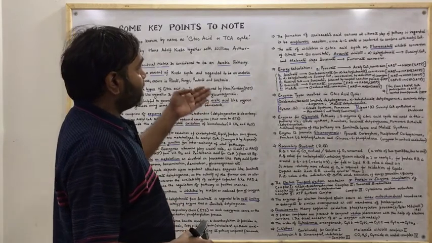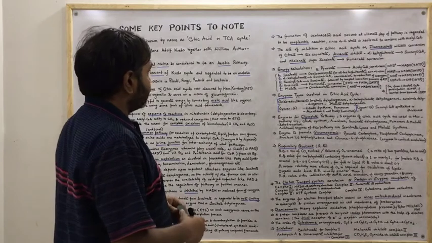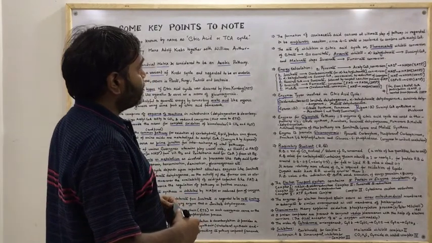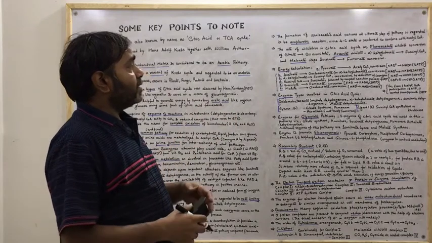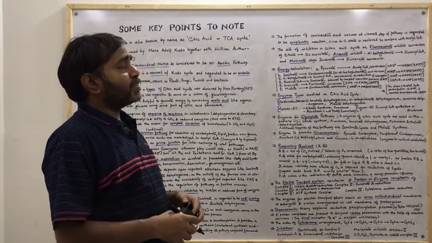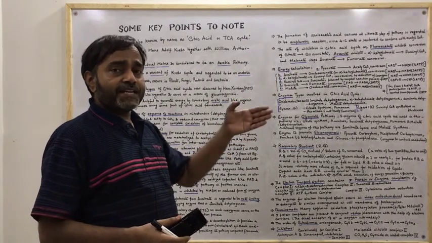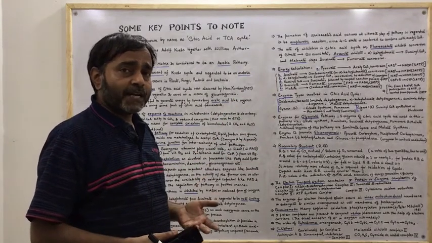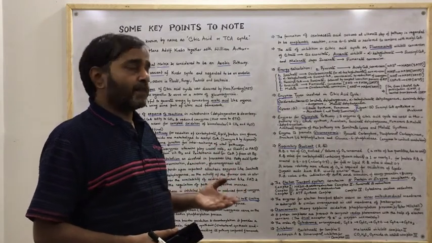Likewise, in the third step, alpha ketoglutarate can be converted into succinyl CoA, and in that conversion the reduction of coenzyme occurs, that is NAD plus gets converted into NADH, and how much ATP will be obtained? 3 ATP, because the energy equivalence of NADH is 3 ATP.